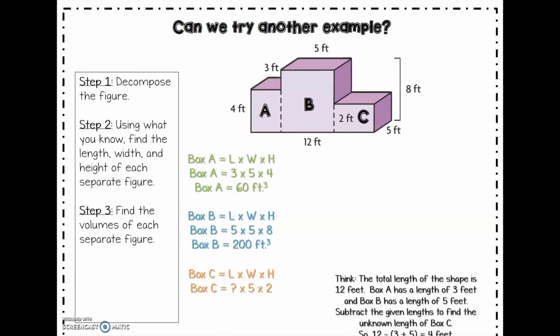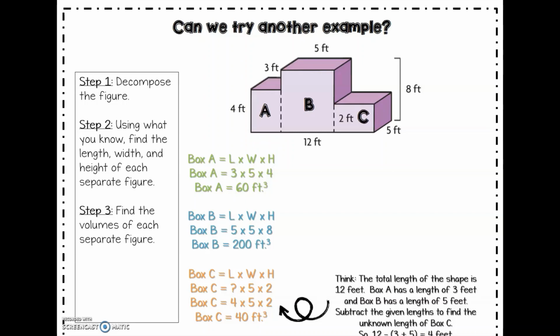So I know that the length of box C is 4 feet. So I can replace that missing question mark with a 4. 4 times 5 is 20, and 20 times 2 is 40, making the volume of box C 40 feet cubed.